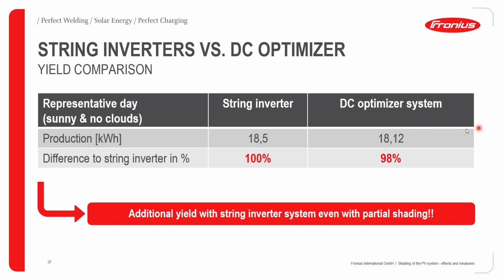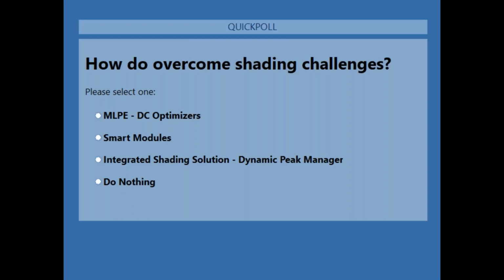Just to get to understand how you overcome these conditions. So the question is, how do you overcome shading challenges? And there are a few choices here to choose from.